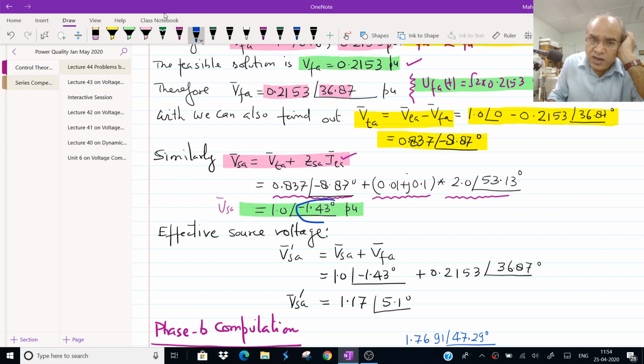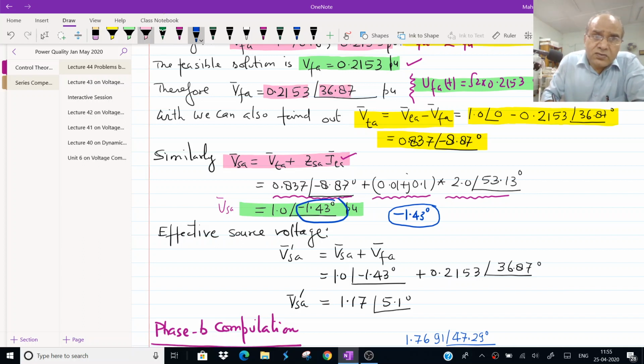This phase shift is minus 1.43, which looks quite unexpected, because we really cannot modify the source voltages, and source voltage can be taken as a reference voltage. So how to shift these angles? We will see what the solution for this is. Normally phase shifters are used to achieve these small angle deviations to meet the conditions of the voltage compensation.